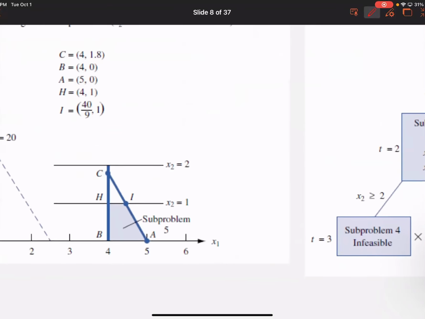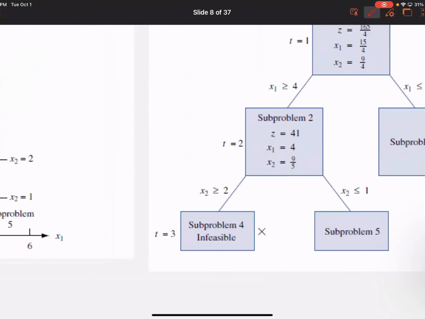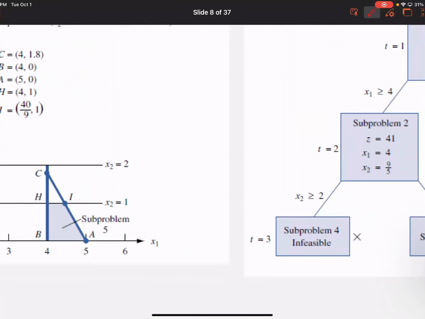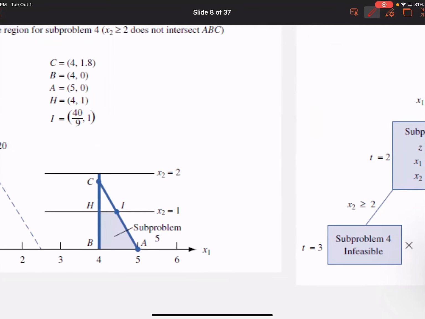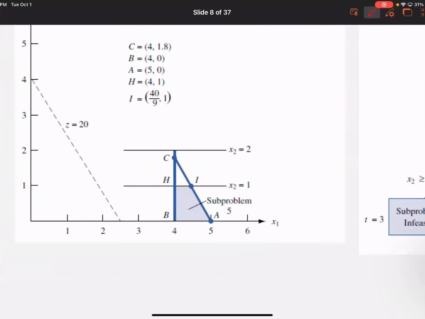So what happens here? I created two new subproblems, subproblem 4 and 5. Subproblem 4 is subproblem 2, the original triangle, which is what I had originally, plus this constraint that says x2 should be greater than or equal to 2. What is the feasible region now?